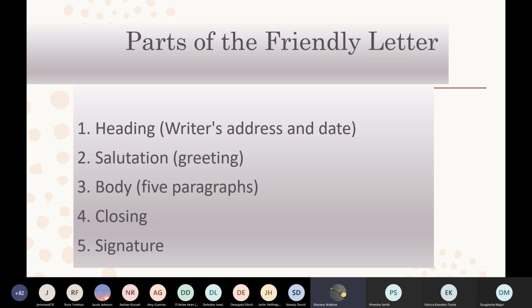Okay, so Ashley says, Your friend, and then there's a comma after friend, and your first name. Good. And Ashley, I like that you remembered. You left off the R, but I know that's a typo because you were trying to get it out. But you have the lowercase f there, so you remember that. That's great. And yes, you only put your first name, not your first and last name.